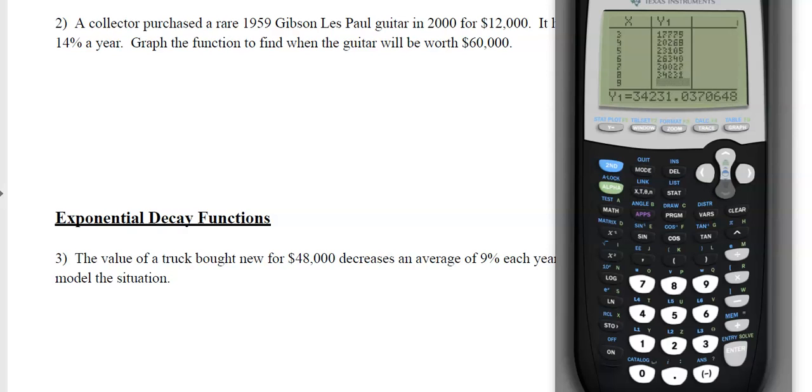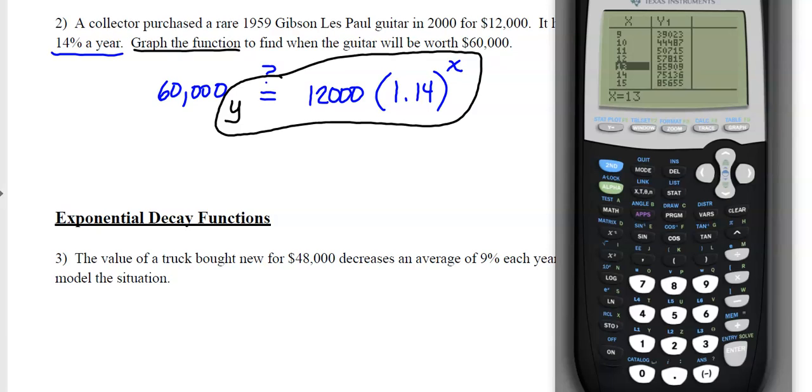And I'm looking for, when did it get to $60,000? Right there, somewhere at year 12 it was at 57, and year 13 it was at 65. So I could answer this question and say somewhere between 12 and 13 years.